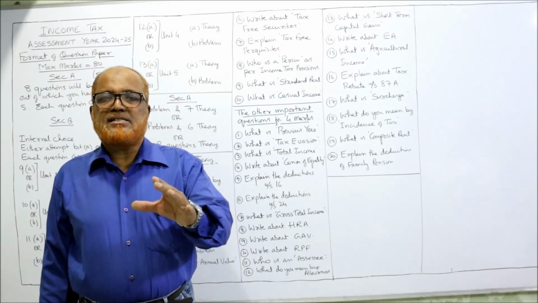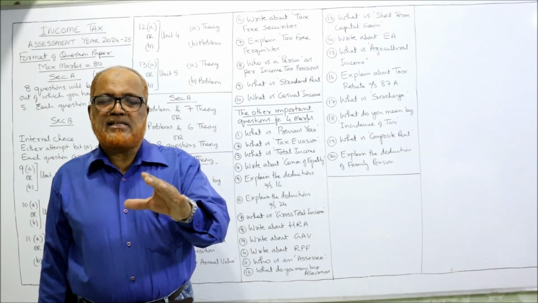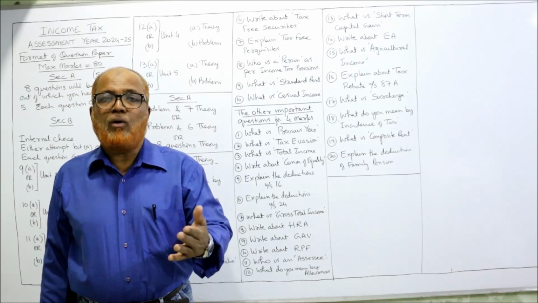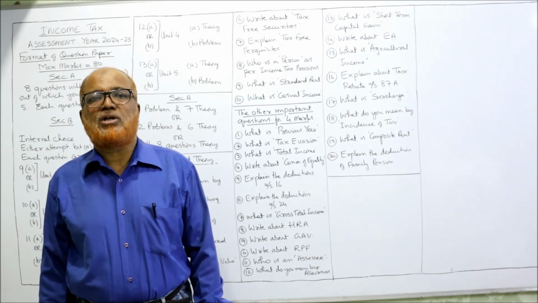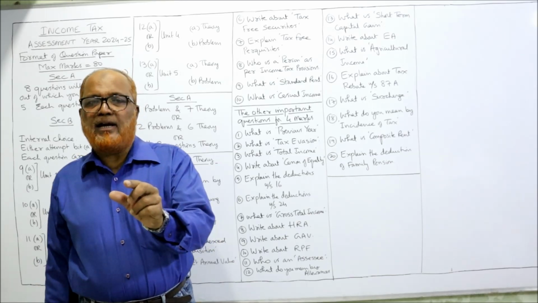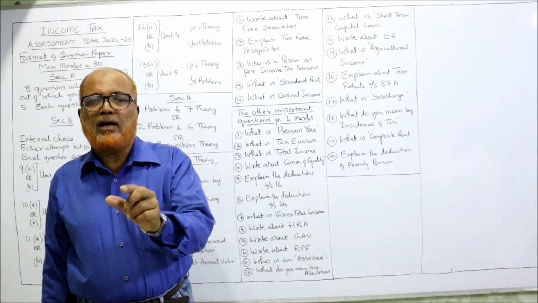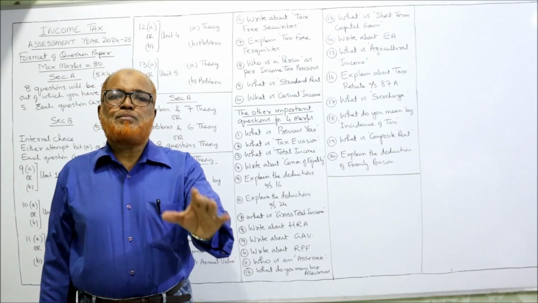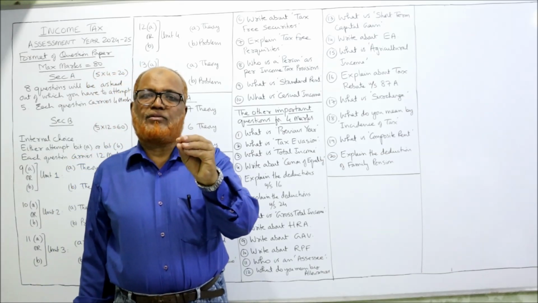Example, if an assessee's income is below 5 lakh rupees, then he will be allowed a tax rebate under section 87A. So this tax rebate under section 87A is given only if the income is below a specified limit. The specified limit is 5 lakh rupees.